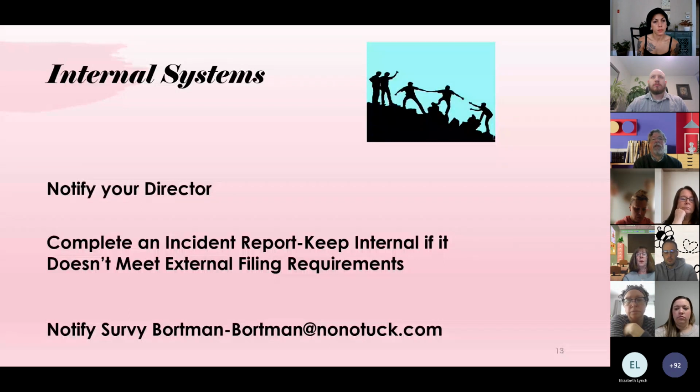It's okay to keep it internal if it doesn't meet external filing requirements, but we would like people to submit an incident report so that we can track these numbers. And the final thing is notify Servy Bortman. It's Bortman@nonotuck.com. And she's going to be working with nurses and teams to try to prevent future falls when they occur.